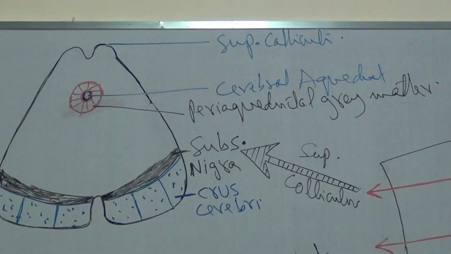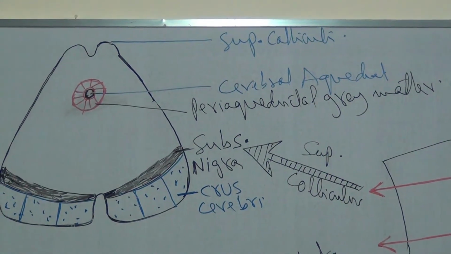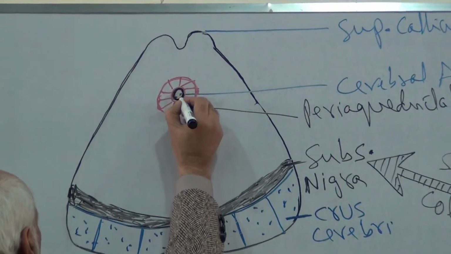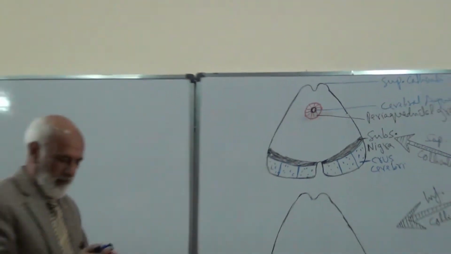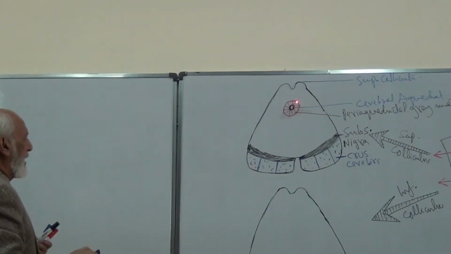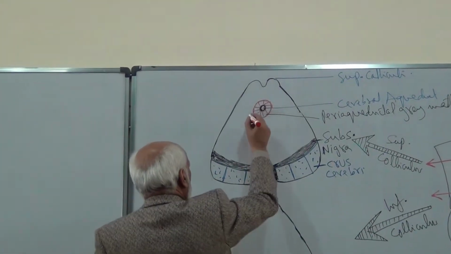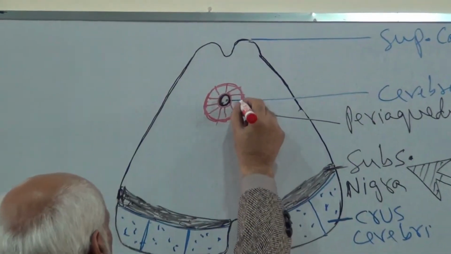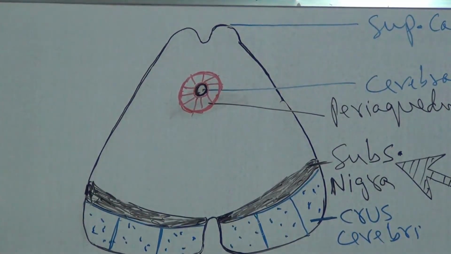The cerebral aqueduct, as I told you before, is lined by ependyma, in which cerebrospinal fluid circulates, and it connects the third ventricle with the fourth ventricle. Then a layer of gray matter surrounds the cerebral aqueduct, known as the central gray matter or periaqueductal gray matter.